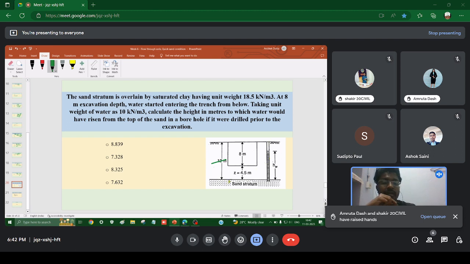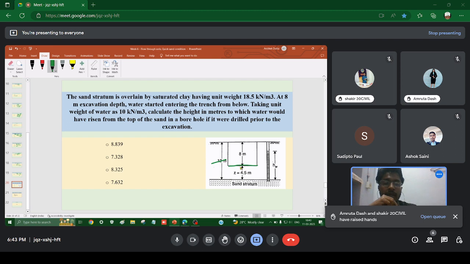Now, the sand stratum has a clay layer of approximately 12.5 meter thickness. Excavation was started, and when the excavation depth was 8 meter, water started entering the trench from below. That means water seeped through this clay layer and appeared on this surface.